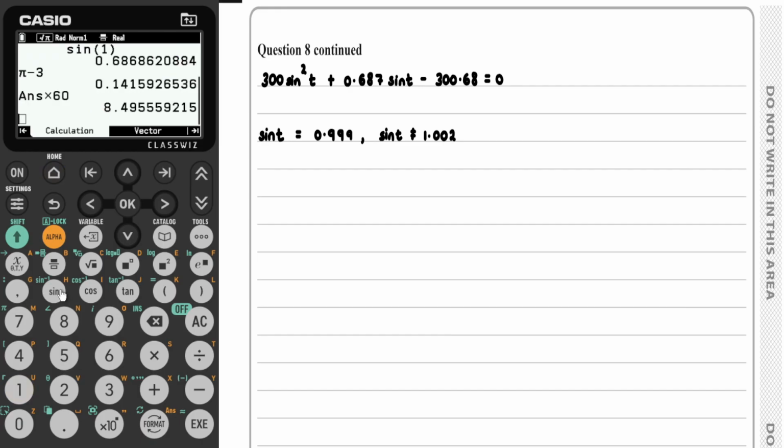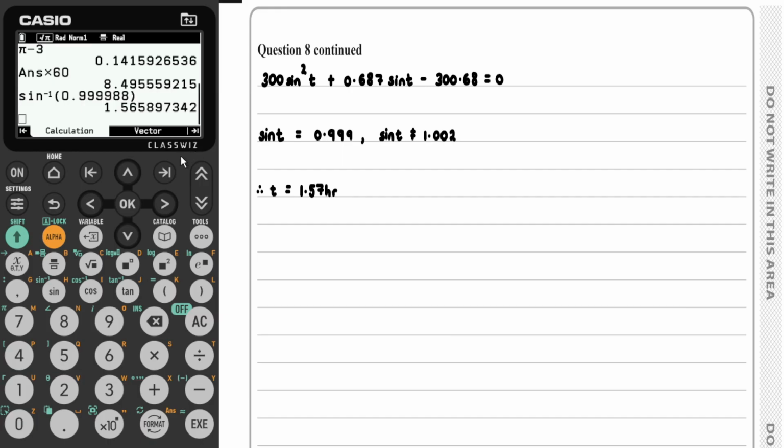So we have t, which will be the inverse sine of 0.999988, which is 1.565, etc. So we have t, which is equal to 1.57 hours.